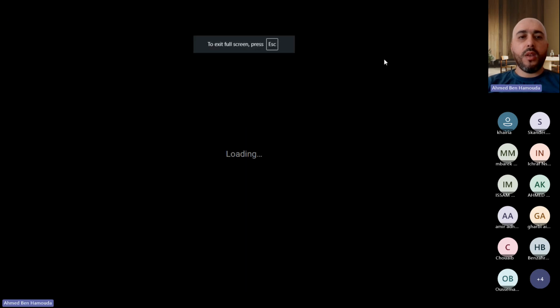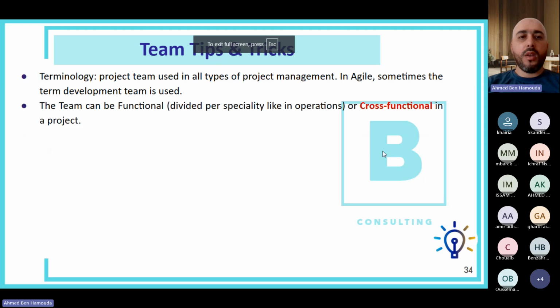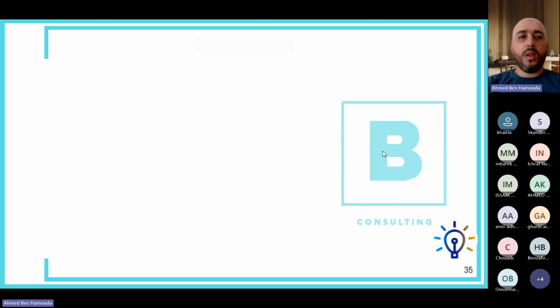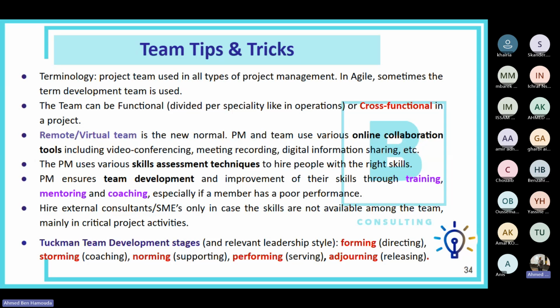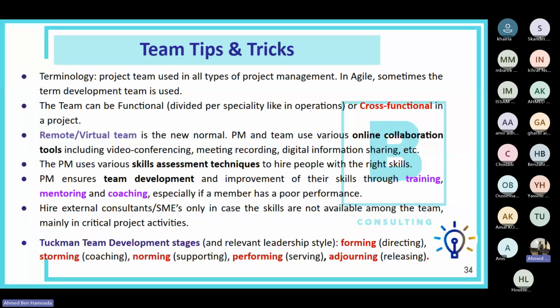Based on the feedback from all the people who took the exam, there are always a lot of questions about how to manage the team, how to lead the team, and mainly how to resolve team conflicts and team issues, contribute to team development, how to communicate with the team, ensure proper communication among the team members, etc.